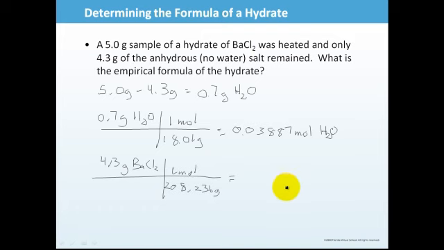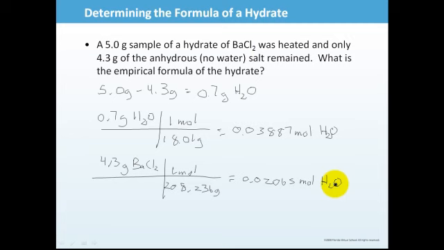All right, so 4.3 divided by 208.236. We get 0.02065. All right.